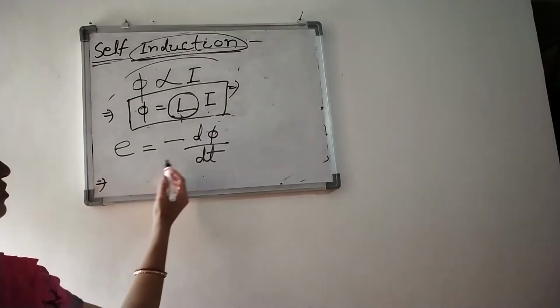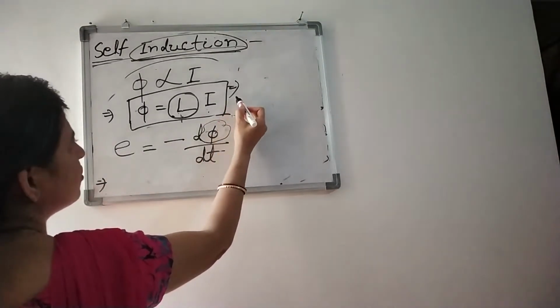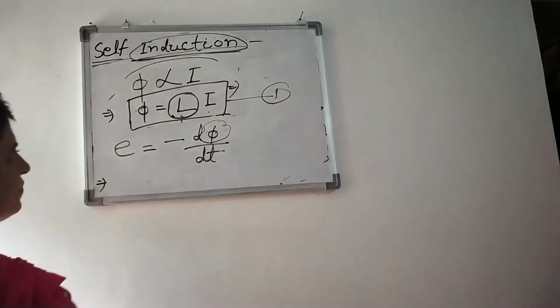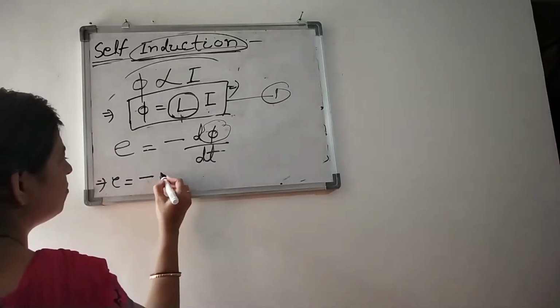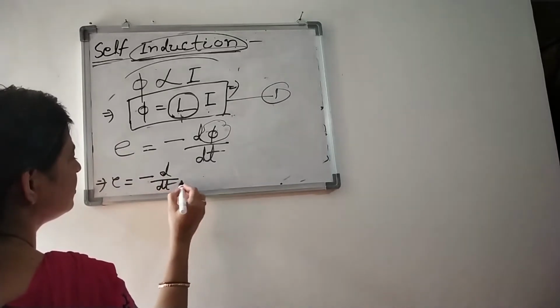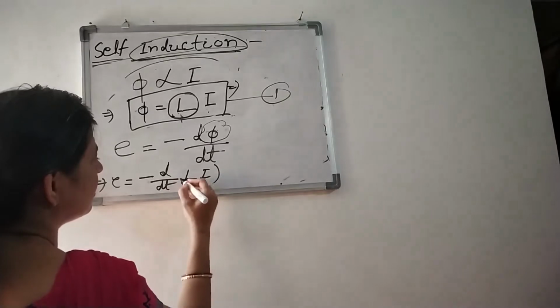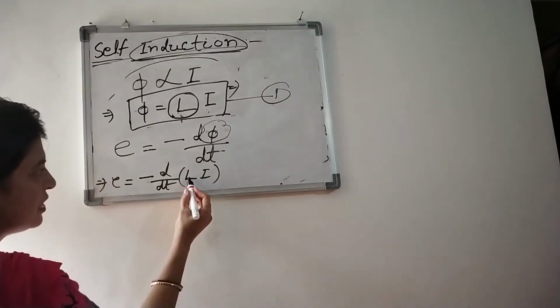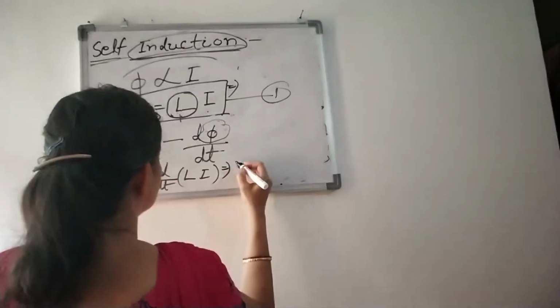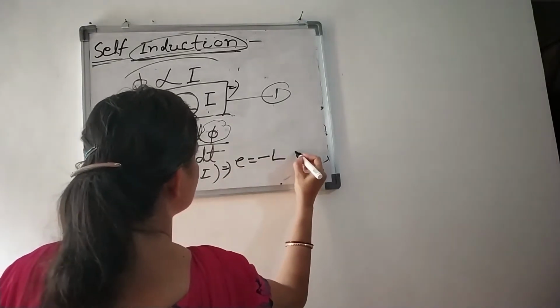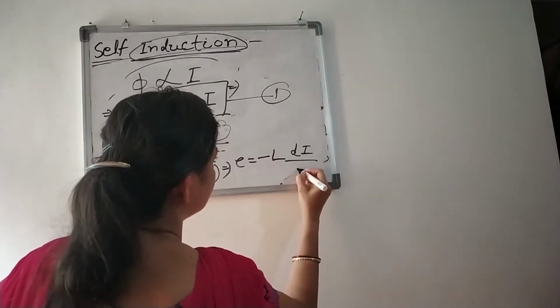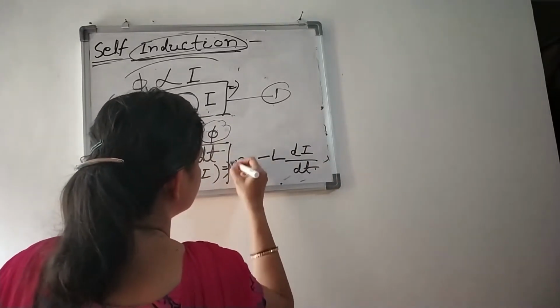Now put the value of phi from equation number 1. Phi is equal to LI. So you can write E is equal to minus d by dt of LI. L is a constant, so you can take it outside. Or in other words, E is equal to minus L di divided by dt.